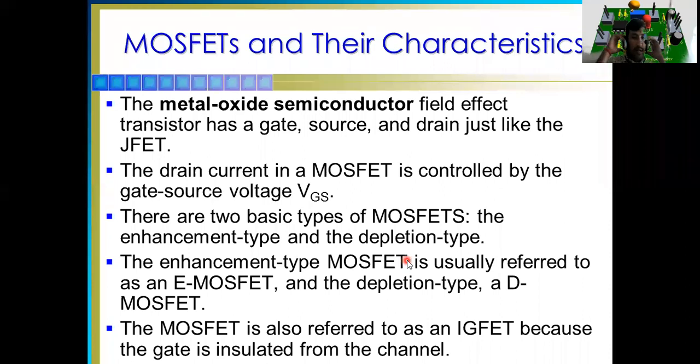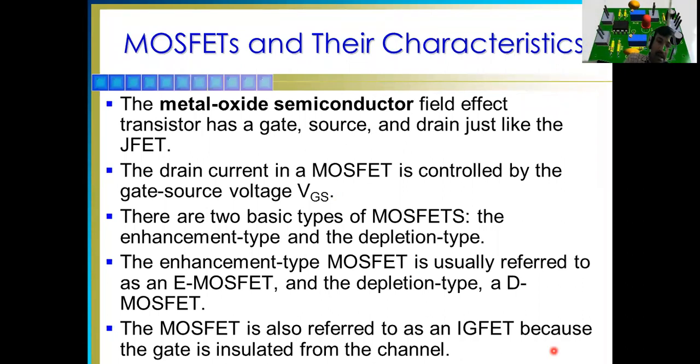Now the drain current of the MOSFET is controlled by the gate and source voltage. There is no difference. Okay, so there are two basic types of MOSFET. First one is depletion and enhancement. Good. There are two types.